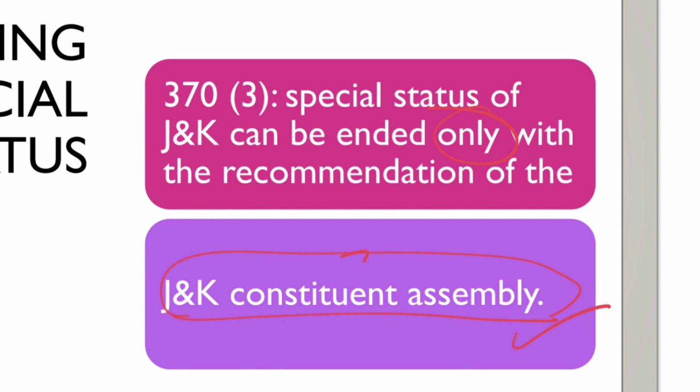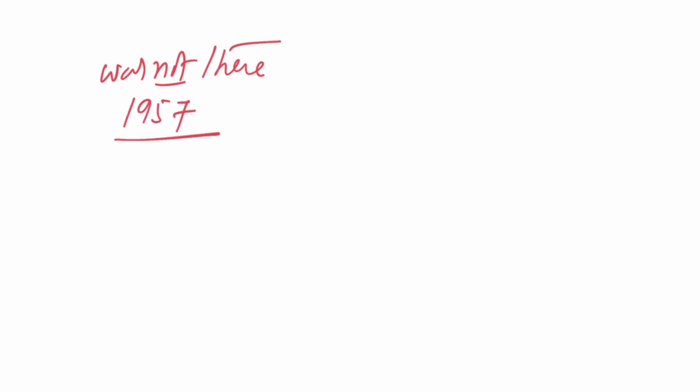Then the question was, this Constituent Assembly was not there. It was dissolved in 1957 because it did the work of the Constitution and it was no longer there, like the Indian Constituent Assembly.